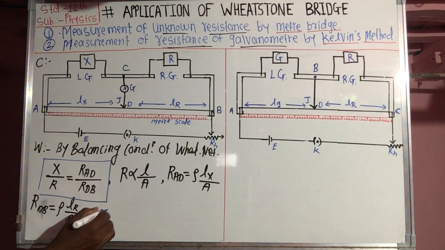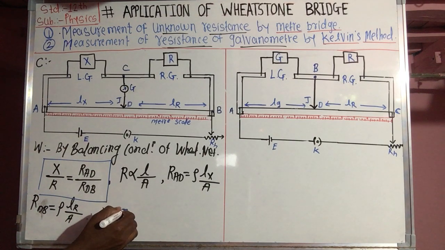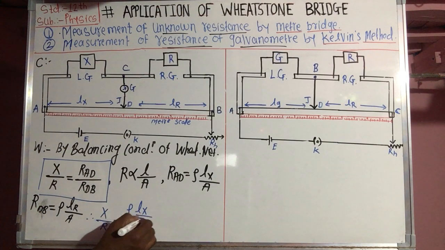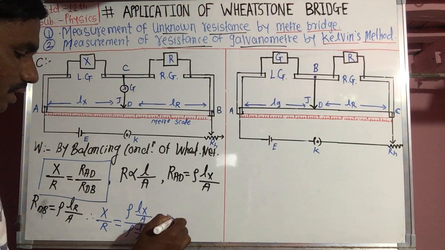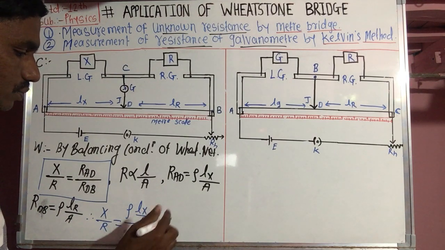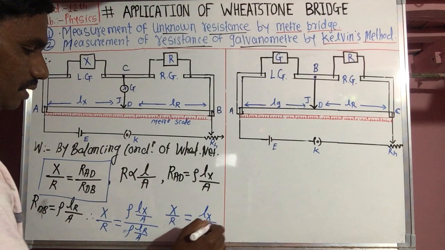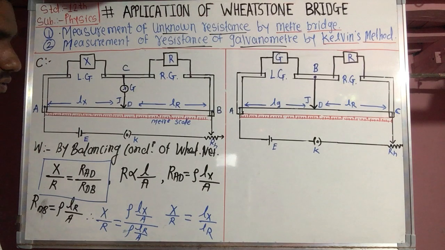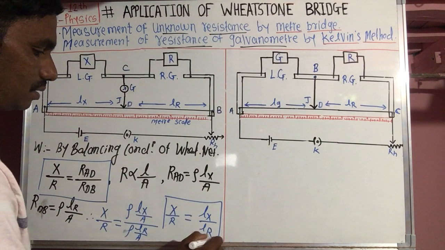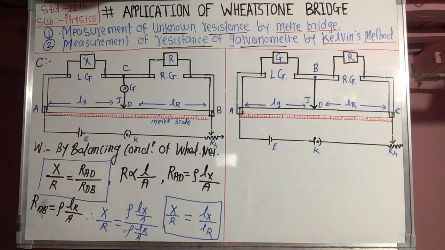After putting, RAD is rho Lx divided by A, whole divided by rho LR divided by A. So now we get the final relation as X upon R equals Lx divided by LR.